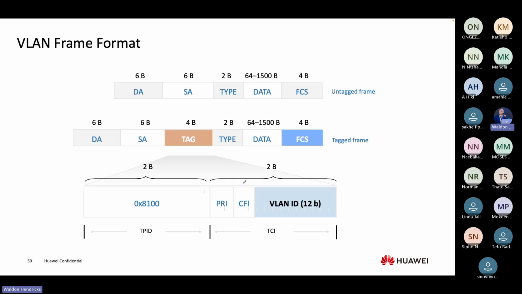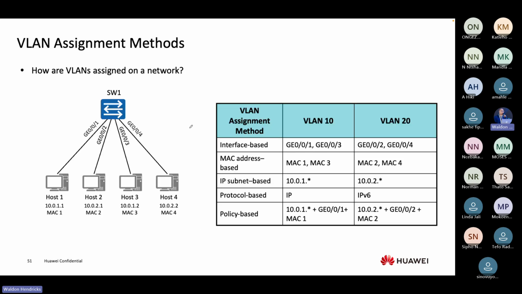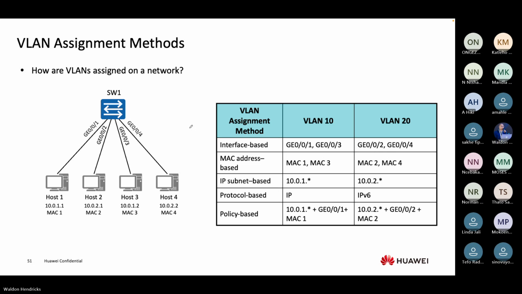But if you want to restrict people, you obviously have to do certain things on that type of network. Now, there's also the VLAN frame format, and you'll notice the tag in the frame represents which VLAN ID it should belong to. So there are several assignment methods for how you can assign a VLAN. There's interface based, which you saw now. There's also MAC address based, where you apply the MAC address from two hosts.